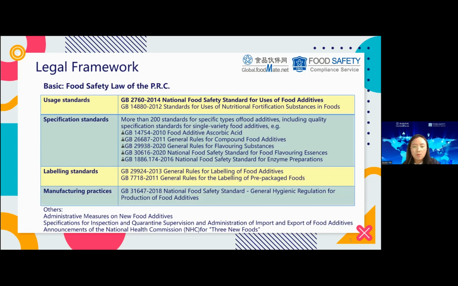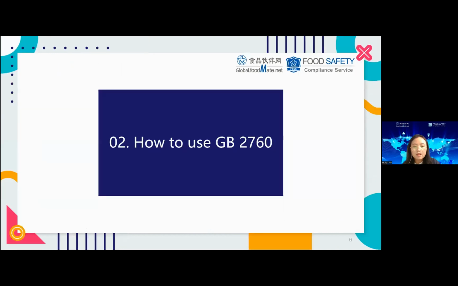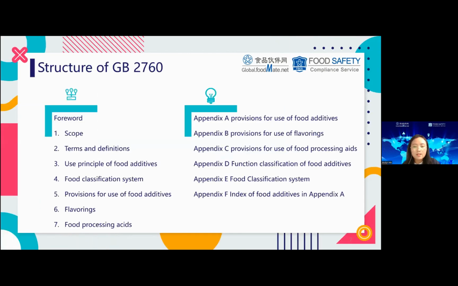And today we will focus on the second part, the main standard regulating the use of the food additives in China, which is the GB2760. This standard consists of two parts, the main text and the appendix. The main text primarily covers the definition of the food additives, principles for their use and the food classification system and so on.